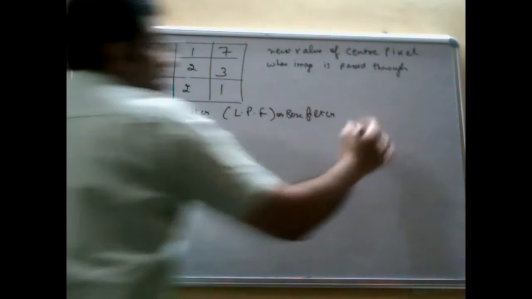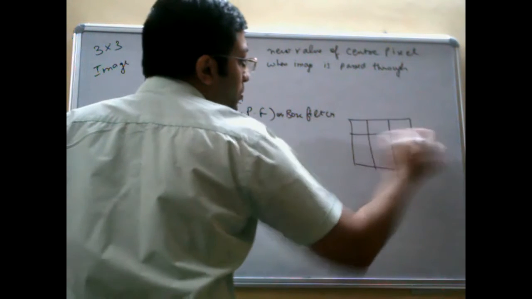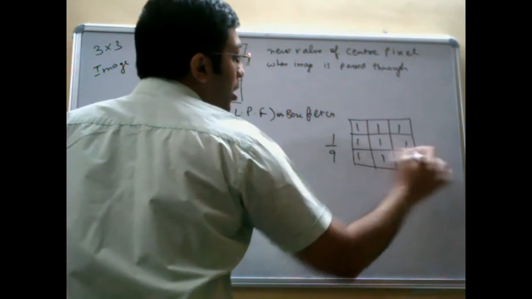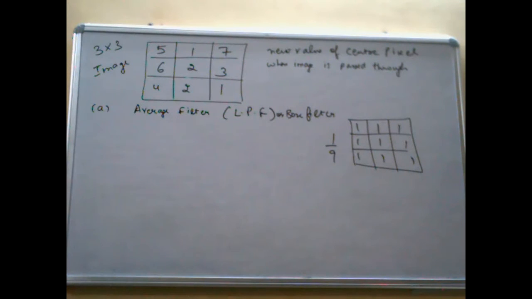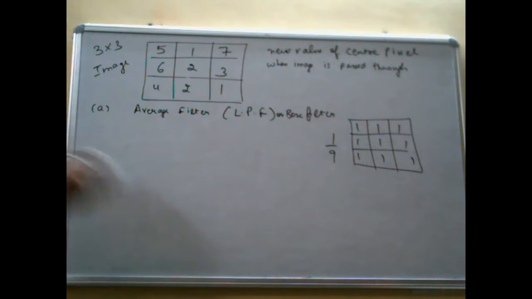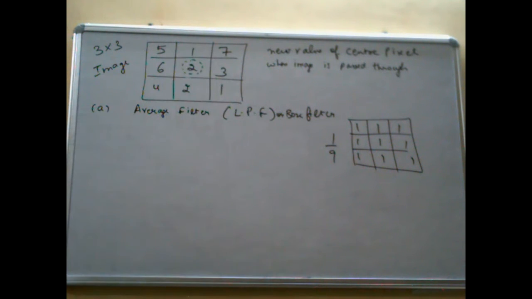How is it represented? It is all ones and 1/9. Okay, you have to apply this filter over here, apply the convolution operation and get the answer, and once you get the answer, this center pixel will be replaced by that.